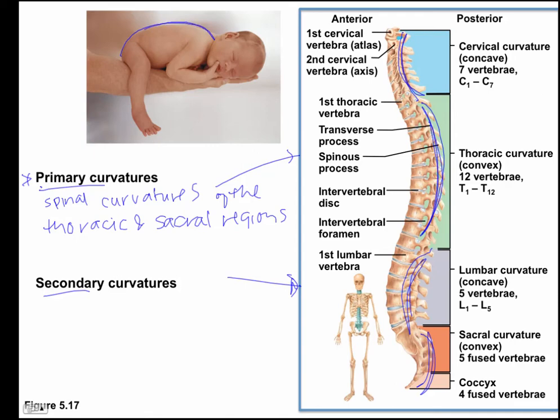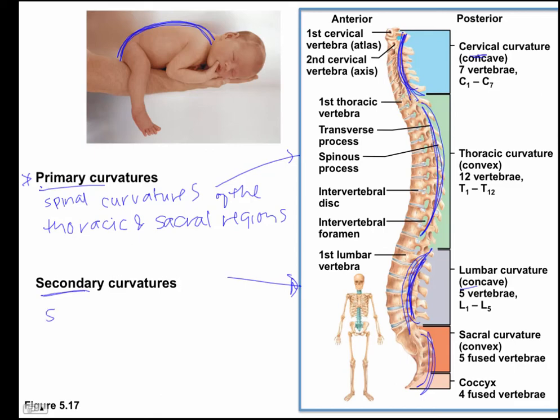And so at birth, our entire spine is this nice C shape, and this is that primary curvature. However, over time, what happens? Well, the baby is going to start raising his head, and raising the head is going to develop the cervical curvature. That's why we develop this concave structure. And then eventually, when the baby learns how to walk, that's how we develop this lumbar curvature.